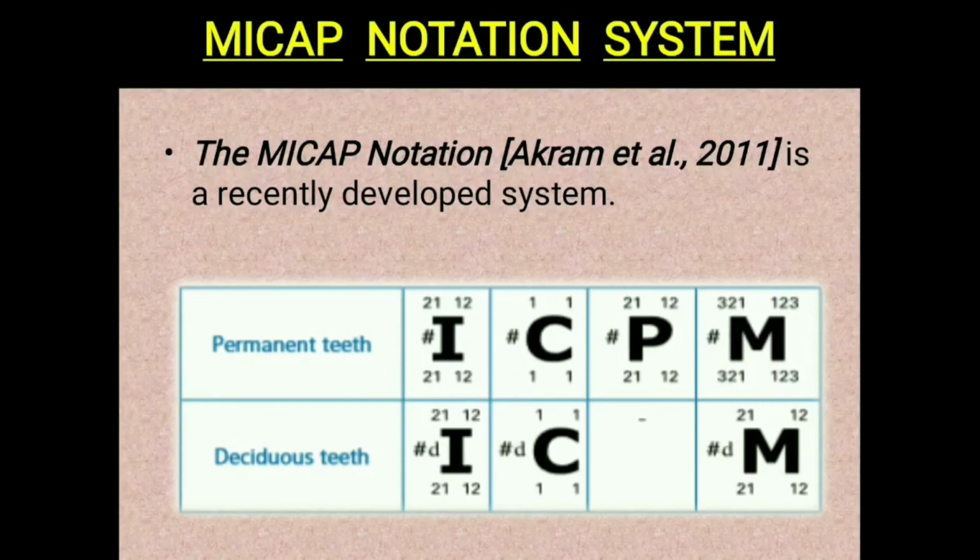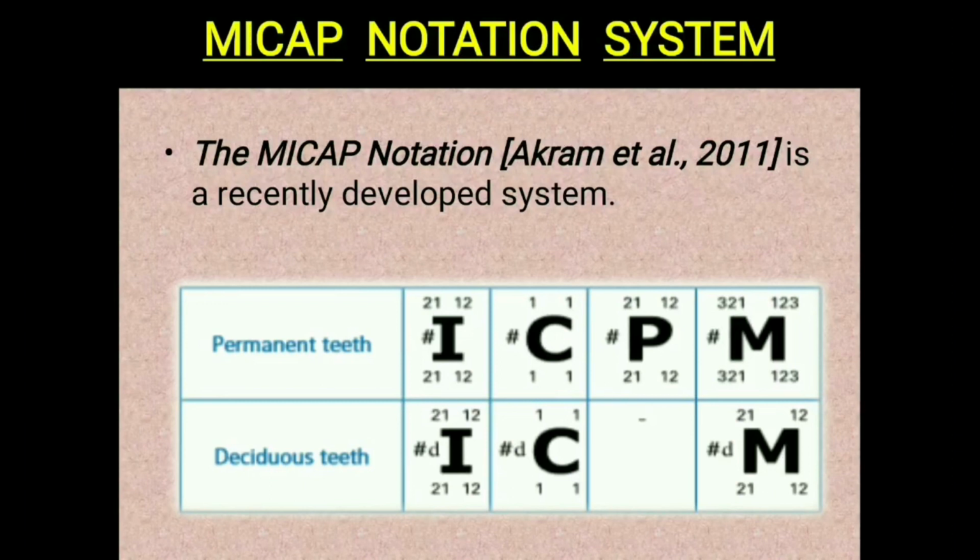Now coming to another tooth numbering system which was recently developed in the year 2011 by Chromatol, MECAP notation system. Here, it has become easy to note a specific tooth in this system. For permanent teeth, we will show the specific tooth by its designated code, that is I, C, P or M, and numbers are showed on either upper right, upper left, lower right or lower left of that specific code.